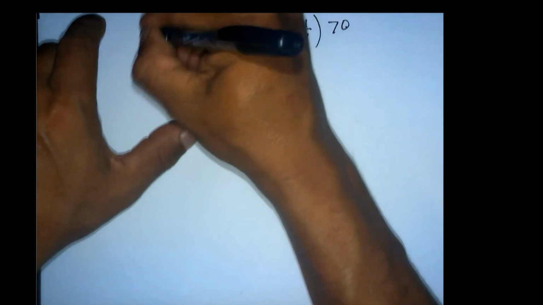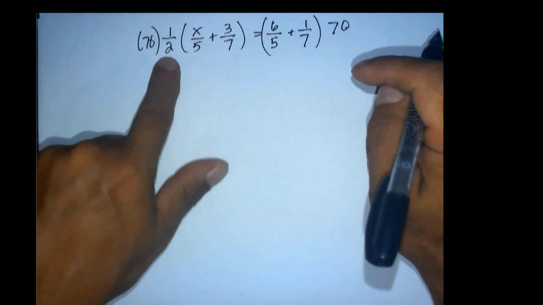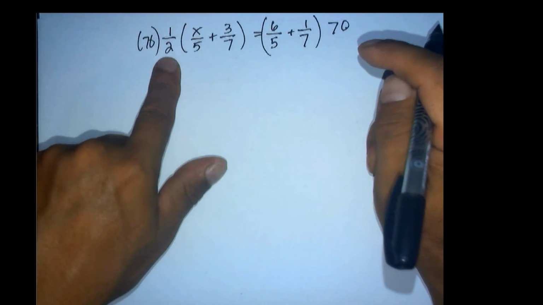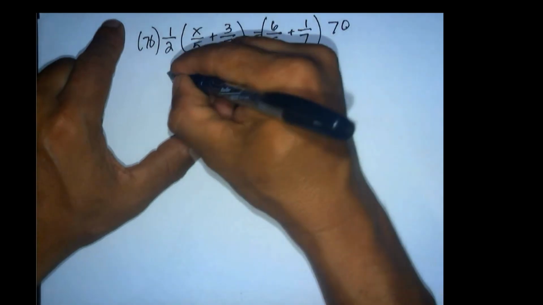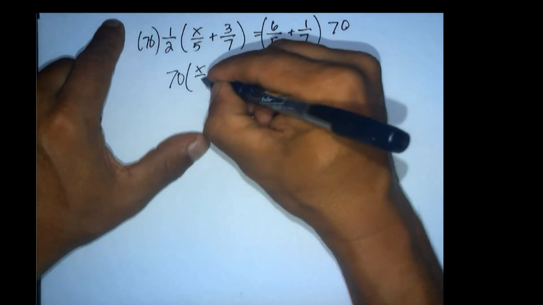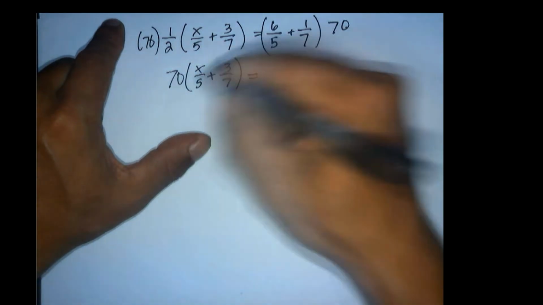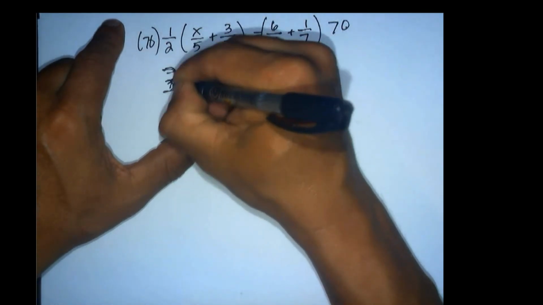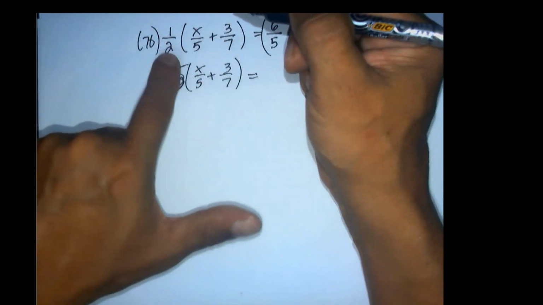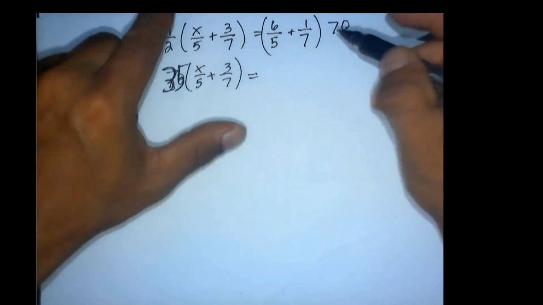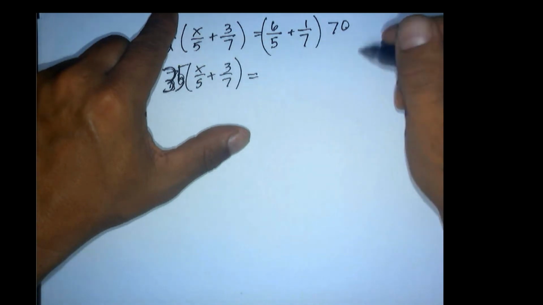But on this side, you only multiply this number by 35, because it's outside the parentheses. These weren't outside the parentheses, so these you have to do. 70 over 5 is 14, and 14 times 6 is 84.